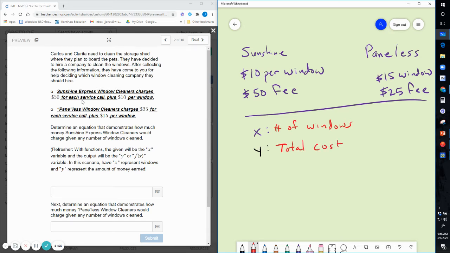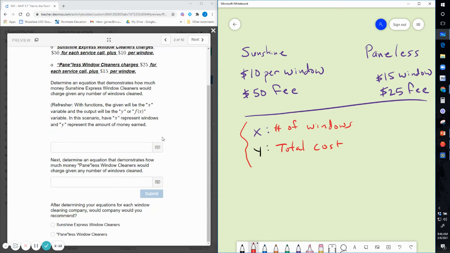Okay, so it says the amount of money earned, but I think that it's the total cost of the window service. So the window service cost depends on the number of windows that you decide you want to get washed. So go ahead and pause, take a few minutes. Let's come up with these equations, guys. And then after you come up with the equations, you're going to make a determination of which company you would recommend. Okay, which company would you recommend? But pause the video.